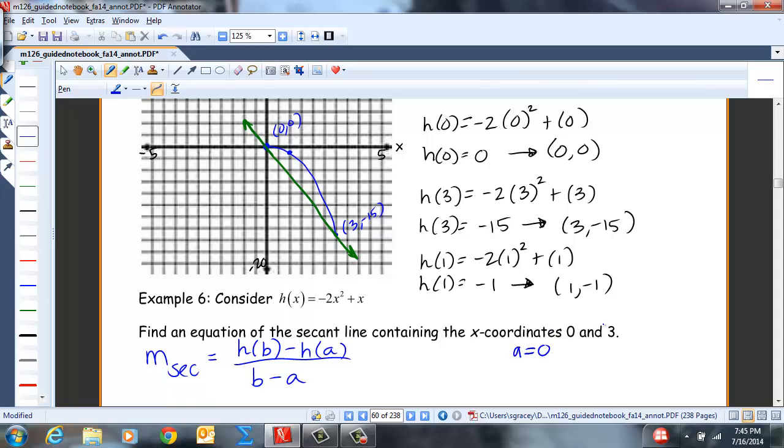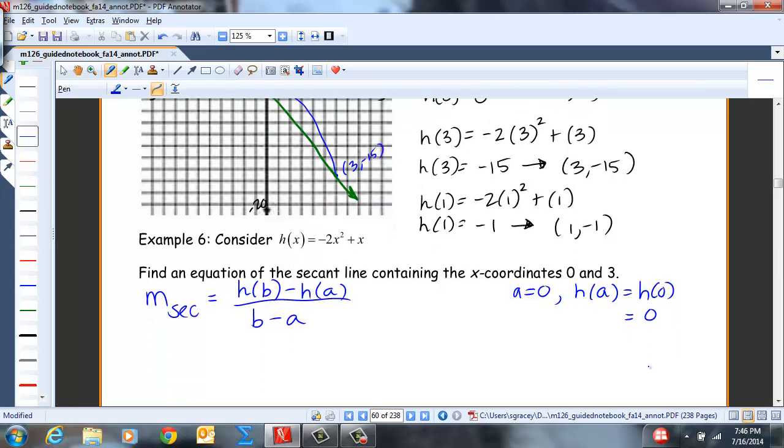A is 0. H of a is going to be h of 0, which we found was 0. B was equal to 3. I'll be consistent here. H of b is equal to h of 3, which we found was negative 15 up there when we were doing our graph.